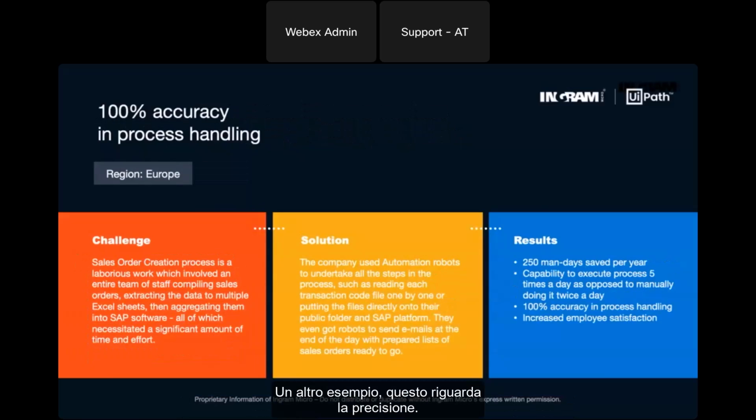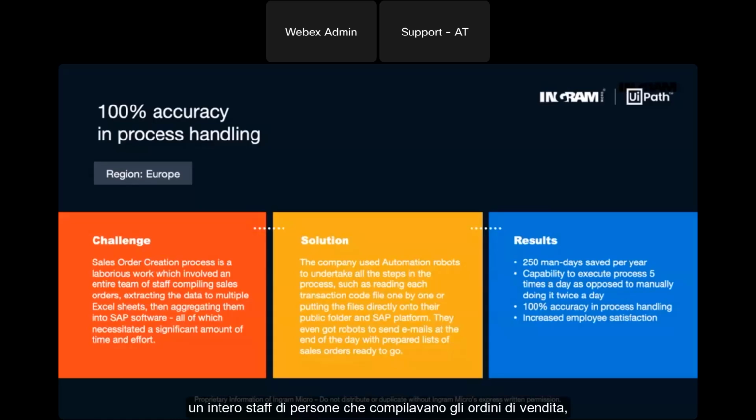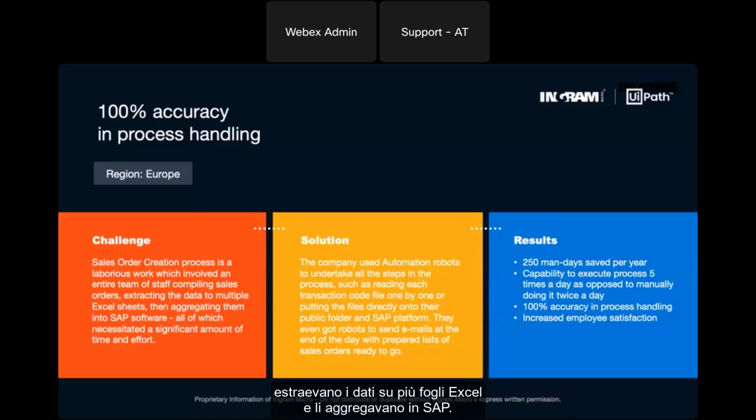Another example has to do with accuracy. The sales order creation for this customer involved an entire staff of people compiling sales orders, extracting the data to multiple Excel sheets, and then aggregating them into SAP, right?